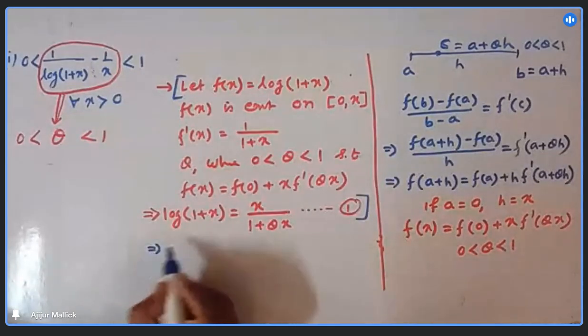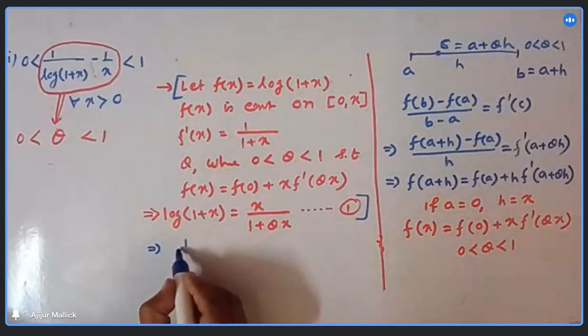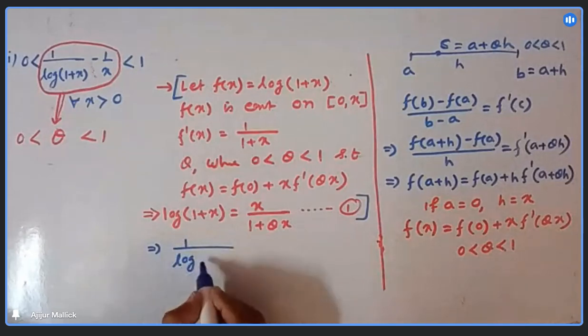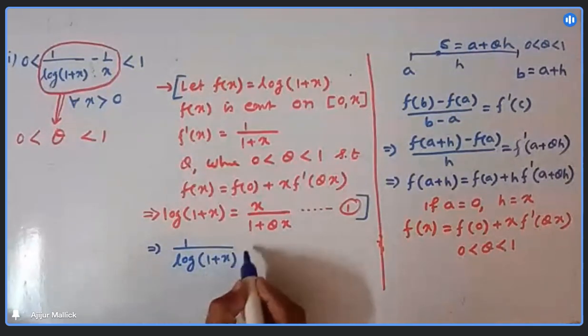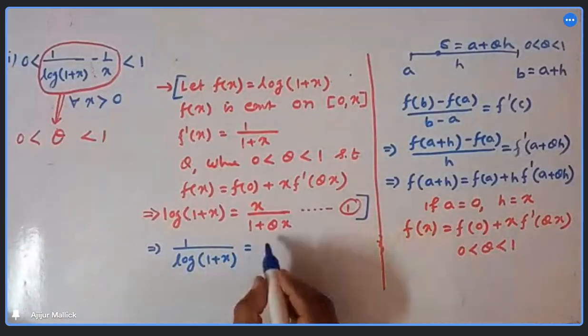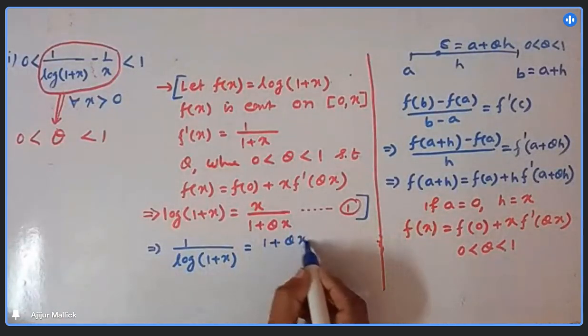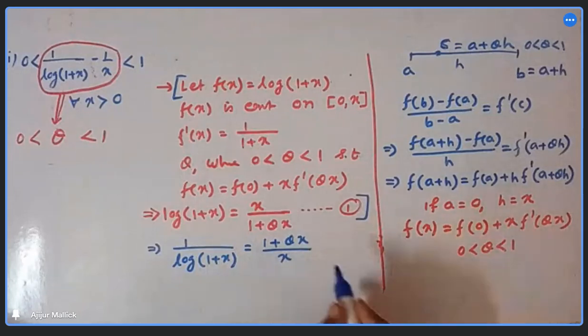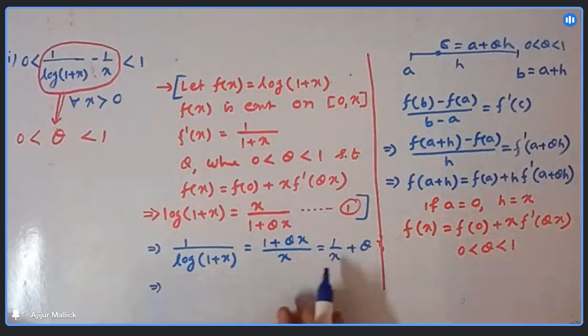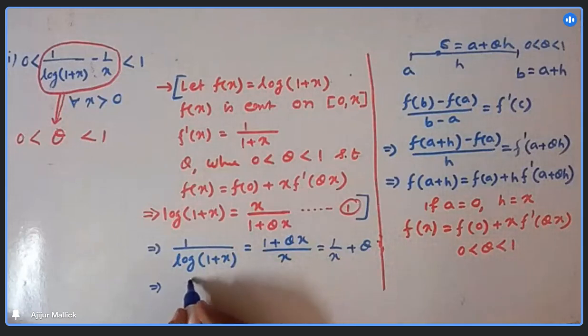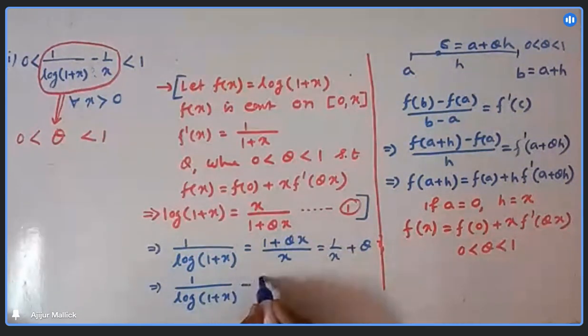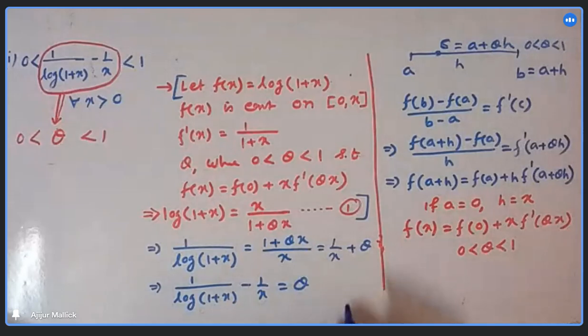So this implies, taking the reciprocal, 1 divided by log of (1 plus x) is equal to (1 plus theta x) divided by x, that is equal to 1 by x plus theta. So taking 1 by x to the left side, 1 divided by log of (1 plus x) minus 1 by x is equal to theta.